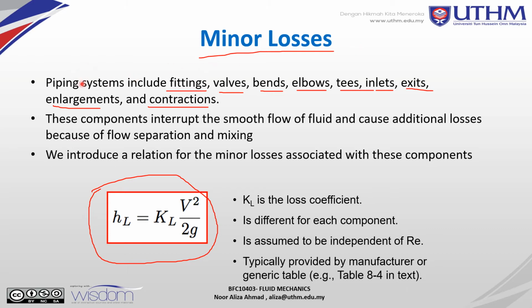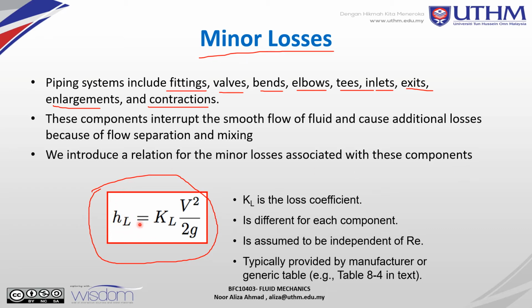Minor losses usually found in a piping system include fittings, valves, bends, elbows, tees, inlets, exits, enlargement, and contraction. These components interrupt the smooth flow of fluid and cause additional losses because of flow separation and mixing. So we introduce a relation for the minor losses associated with these components using HL.